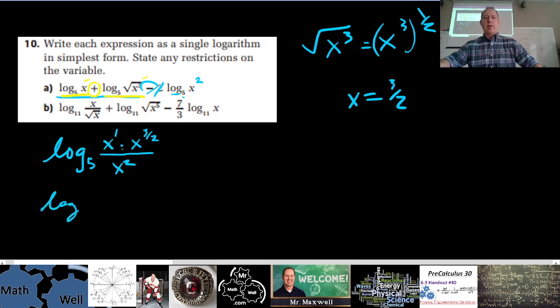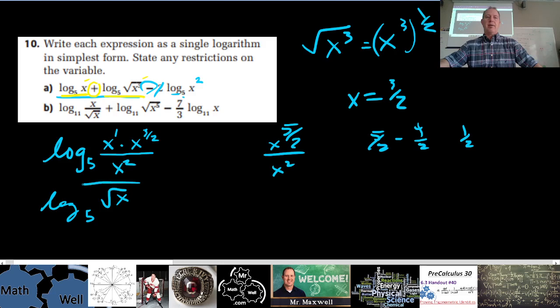So if I did that all in my head right, 2/2 plus 3/2 is x to the 5/2, and x squared here, so 5/2 minus 4/2, which is what 2 is going to be, 1/2. So that's log of root x base 5. That, I think, should be simplified, or x to the power of 1/2. Is that what the back of the book says? Yeah. Okay.